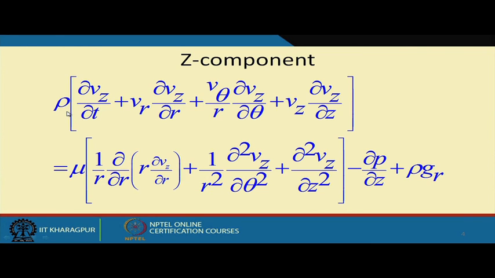So, if r and theta are done, we are left with the third component, that is the z component. r theta z is our coordinate system. The z component looks like this: rho times del V z del t plus V r del V z del r plus V theta by r del V z del theta plus V z del V z del z, equals mu times 1 by r del del r of r del V z del r plus 1 by r square del 2 V z del theta square plus del 2 V z del z square, minus del p del z plus rho g z, right.